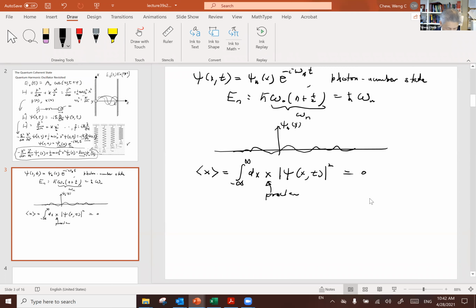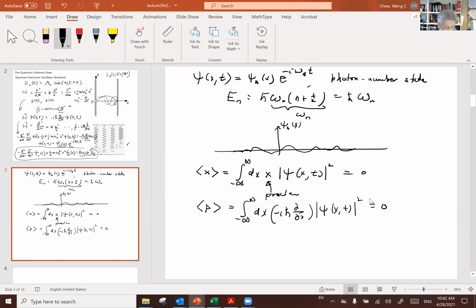And you can also show that the expectation value of the momentum, which in this case would be given by the x minus I h bar partial x of this quantity over here, is also always equal to 0.